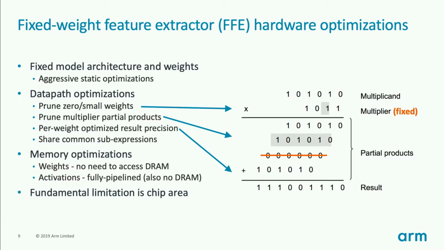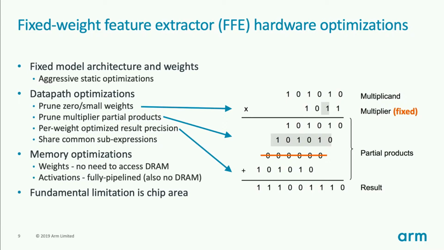The first is data path optimizations. One of the first things we can do is, because we know the weights in advance, we can prune any zero or small non-zero weights. In a CNN layer, typically around 50 to 70% of the weights can be pruned, which removes an equivalent proportion of the hardware.